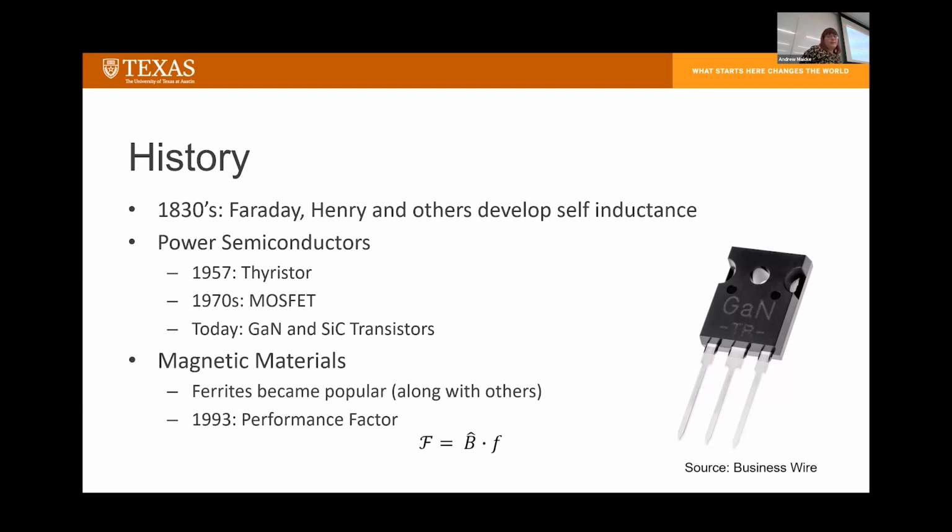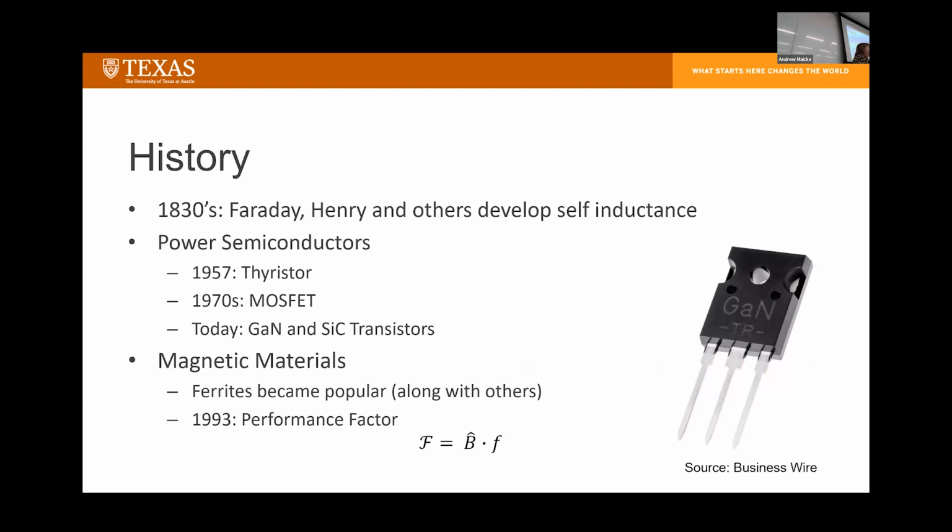Starting in the 50s, we had the first one released, and over time, they've advanced and really enabled higher switching frequencies for these converters to operate at. So for instance, today we use GaN and SiC transistors, which can go into the tens and hundreds of megahertz frequencies versus MOSFETs, which were only in hundreds of kilohertz usually.